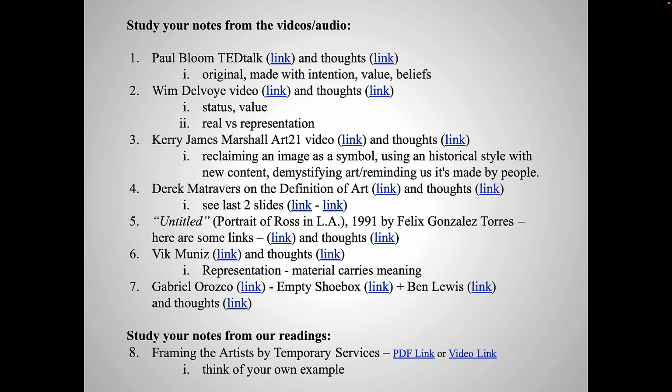Okay. Gabriel Roscoe is our empty shoebox, and Ben Lewis is the person who is critiquing that artwork based on the institutions of art, elevating works that aren't very meaningful or don't have much to say.